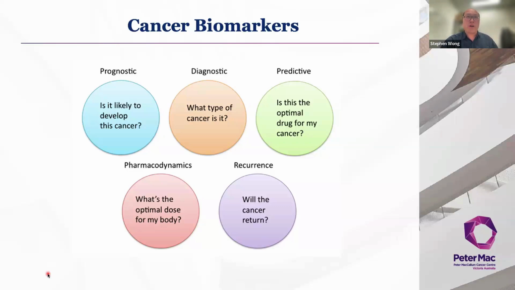It can provide prognostic and diagnostic information about the patient's treatment, but also how well the patient will respond to a particular drug. It can tell you about the pharmacodynamic processes occurring based on a particular treatment type, and provide understanding of when a cancer potentially recurs following treatment.